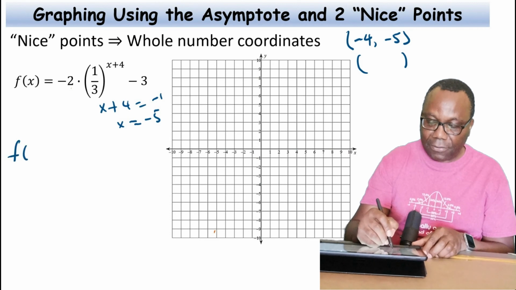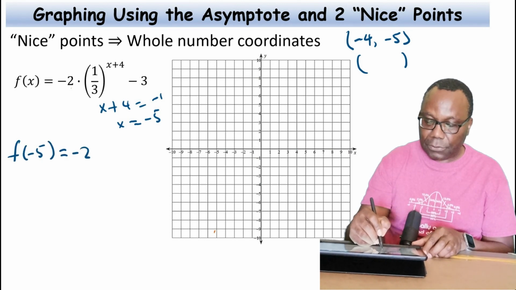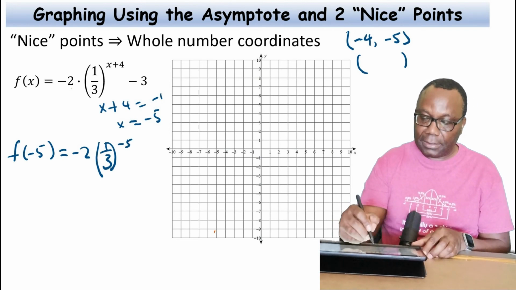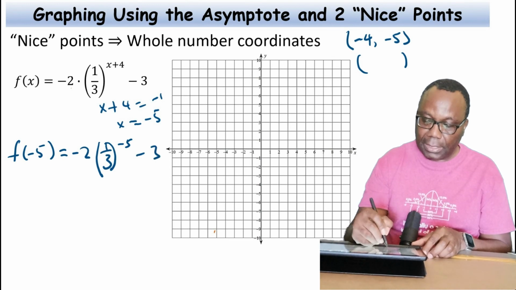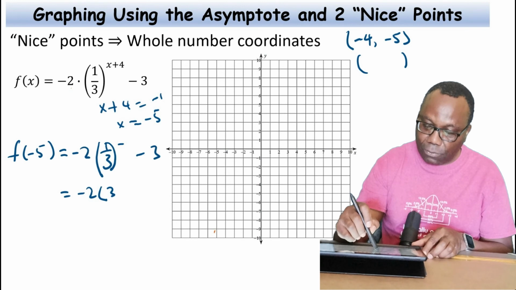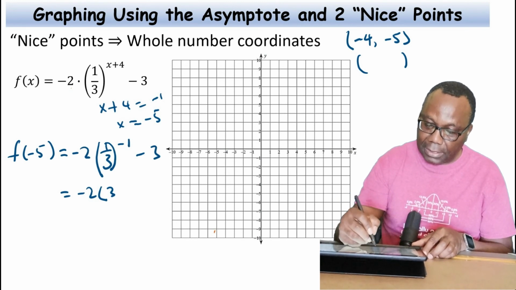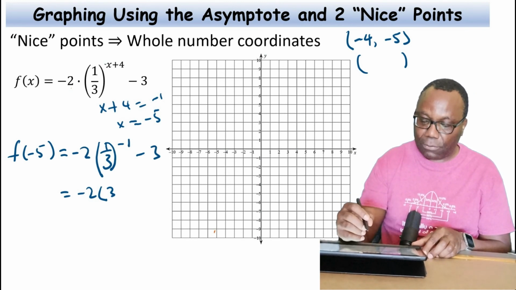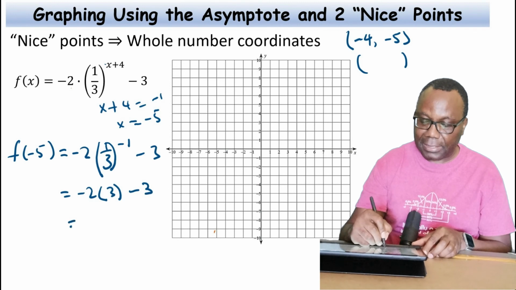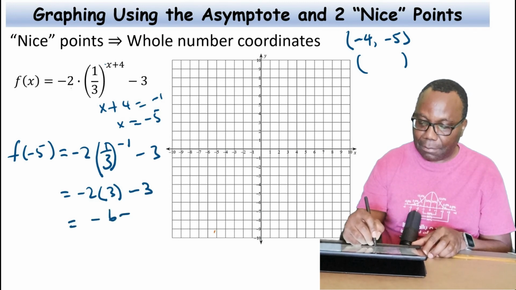So I can find f of -5 to be -2 times 1/3 to the power of... I'm sorry, it's -1, because -5 plus 4 is -1. And then 1/3 to the power of -1 is 3. Okay, I'm getting tired. So this is -6 minus 3, which is -9.